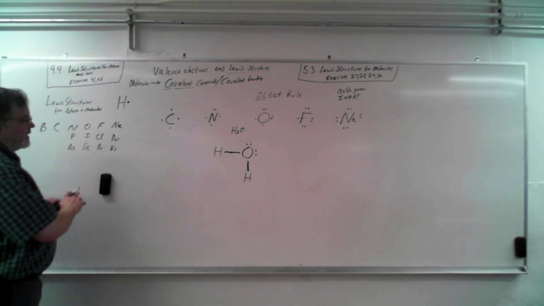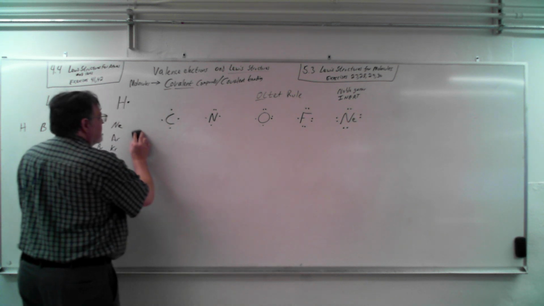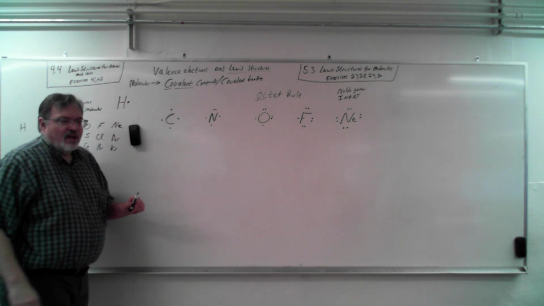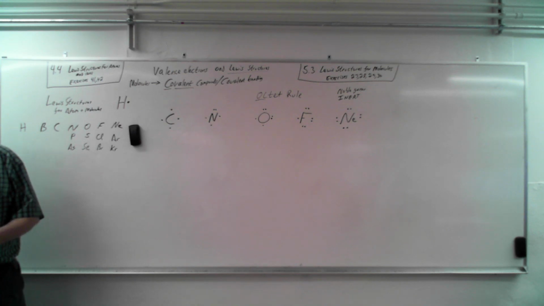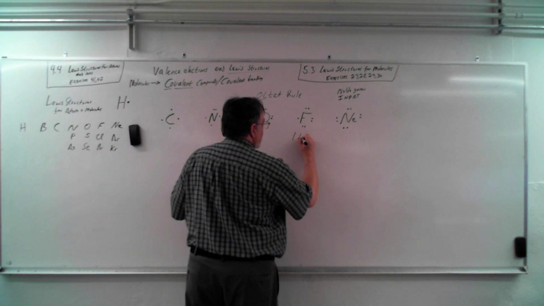Okay, so here's what you can get by making these Lewis structures. How many covalent bonds will fluorine make? One. It's only got one unpaired electron, so this can make one bond.